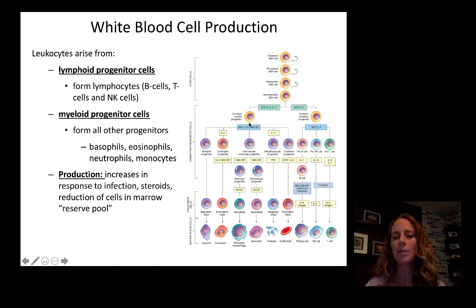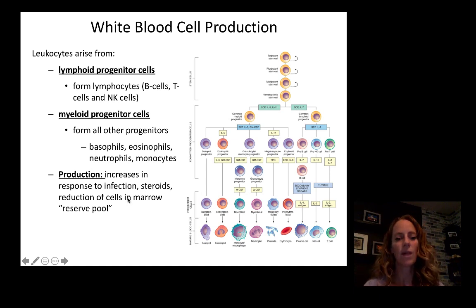The myeloid progenitor cells are going to give rise to all of the other white blood cells, the neutrophils, the macrophages, monocytes, eosinophils, and basophils. These are also important for immune function, but not for the adaptive immunity that we'll be discussing next week.